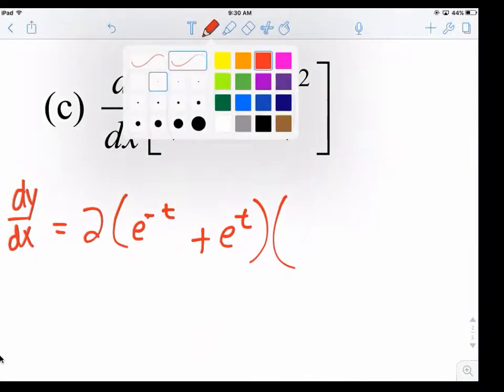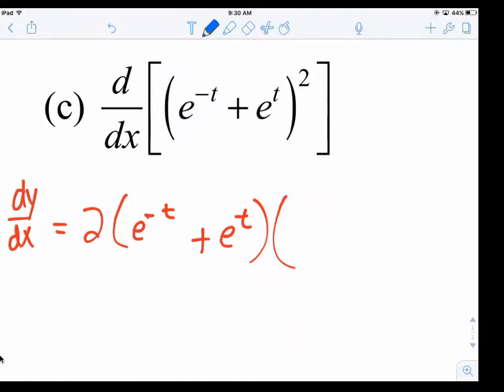Now you got to take the derivative of the inside, right? So what's the derivative of e to the negative t? And e to whatever is that exact same thing times the derivative of the exponent, which would be what? Negative 1, right?